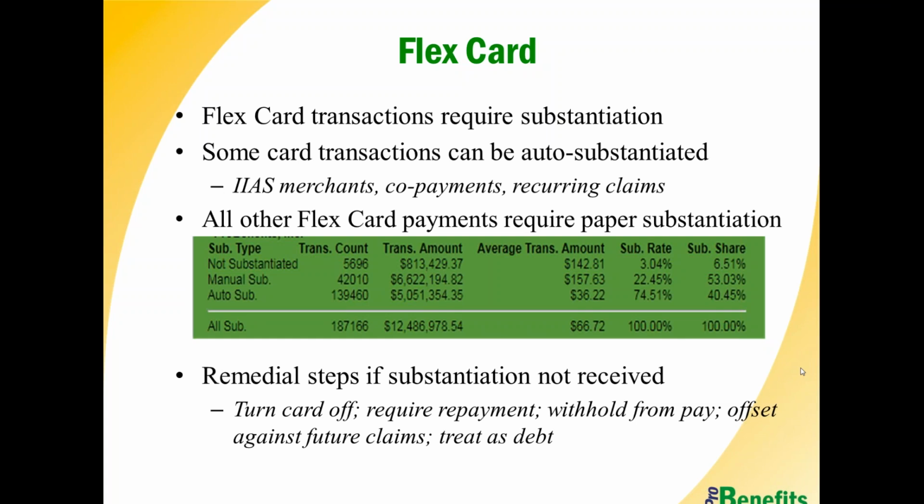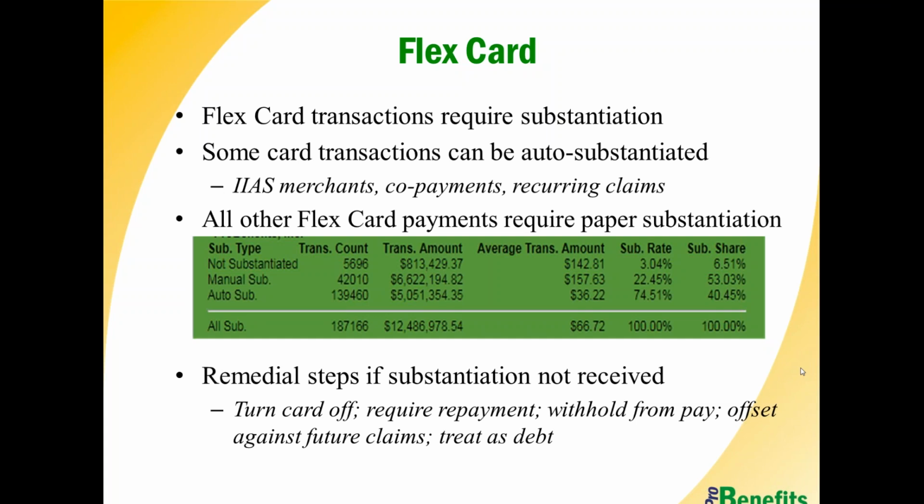Thank you. As you'll see there, the 3 categories listed are IIAS merchants, copayments, and recurring claims. Transactions that occur at IIAS merchants are merchants that have certified that the products that they sell or the services are eligible FSA expenses. These are typically going to be retail pharmacies like your CVS, your Walgreens, your Walmart pharmacy.